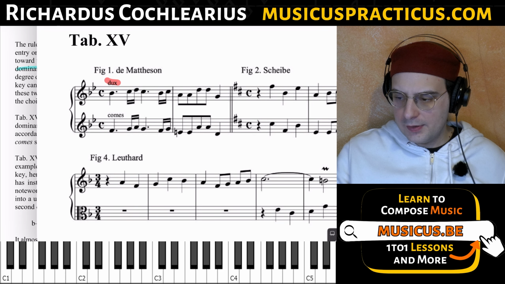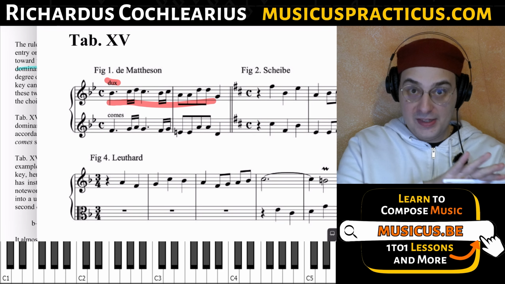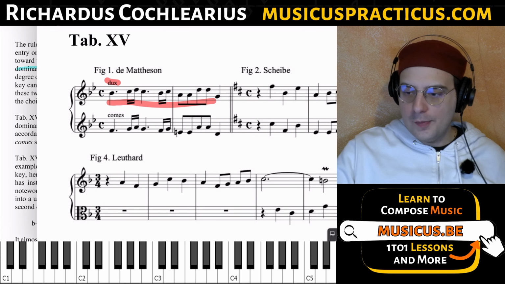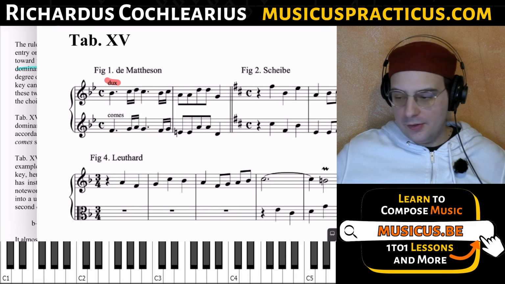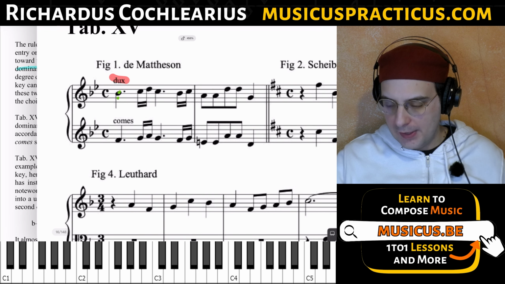Here, the dux stays within the key, within G minor, and so the comes stays in D minor. So it starts with the third degree of G minor.